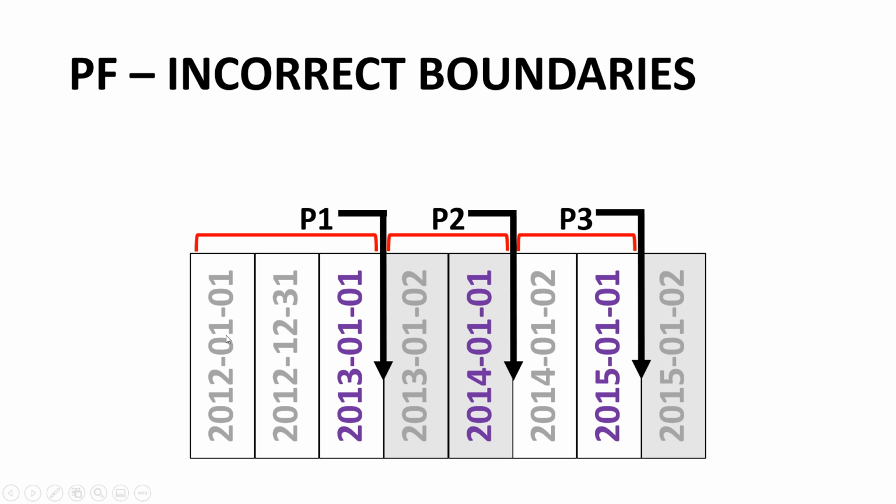In the same partition, you have a full range of data for an entire year, 2012, plus the first day of 2013. And all the rest of the days for 2013 go into the next partition. That makes no sense logically. If you want to remove a year's worth of data, you can't. You can remove 364 days worth of data at a time and then have to manually delete that January 1st date. This makes no sense.